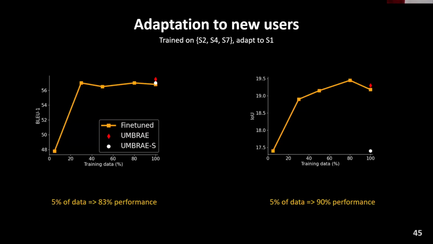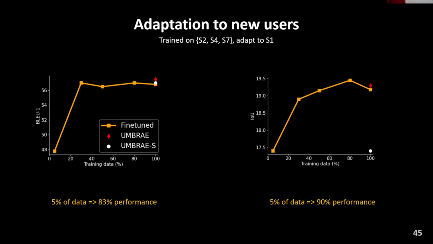The last slide that I want to highlight is adaptation to new users. Since we are aligned and we are training across subjects, instead of learning a user-specific representation, we have learned a representation that is across subjects.